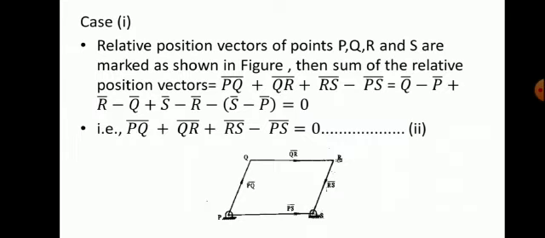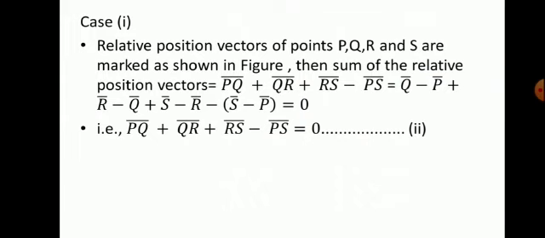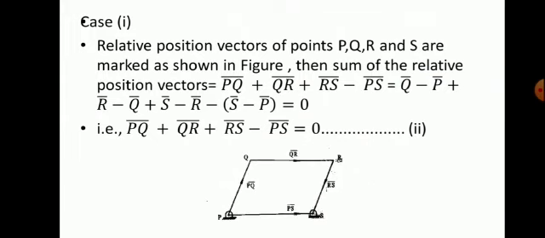And we can see this vector representation. PQ is going forward, positive, QR positive, RS also positive, but PS is in the opposite direction, therefore minus PS.